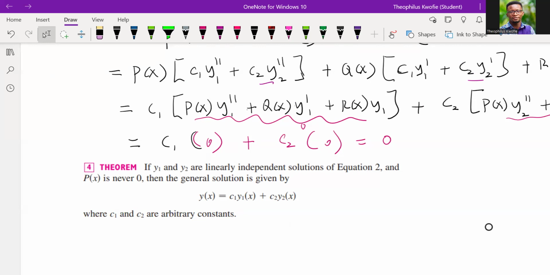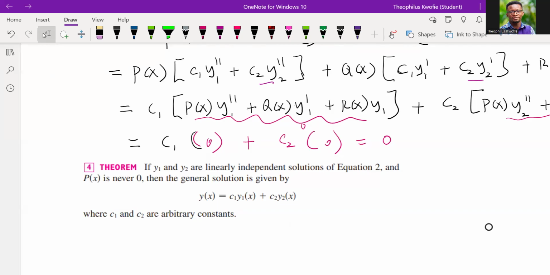Now, since we are talking about solutions of linear homogeneous equations, it's also important to look at other interesting things that sometimes arise in the course of solving problems.